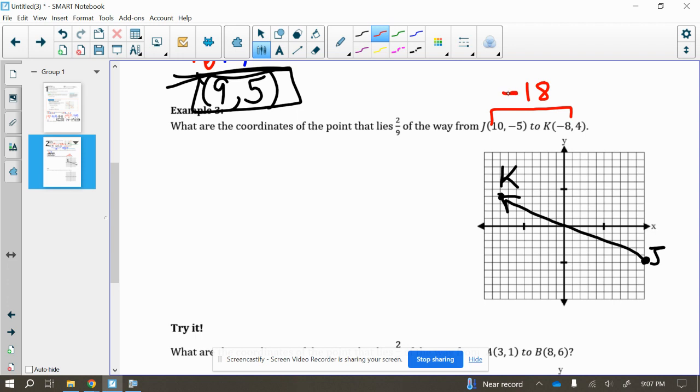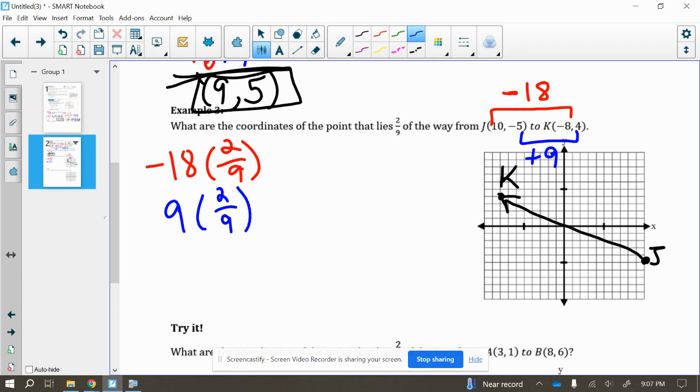So notice this negative this time. Our Y values moved from -5 up to +4. So we went up, so +9 units. Next piece, we need to take our two values and multiply them by our fractional distance we're moving, which is 2/9.